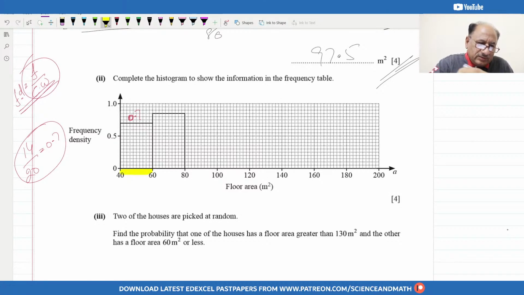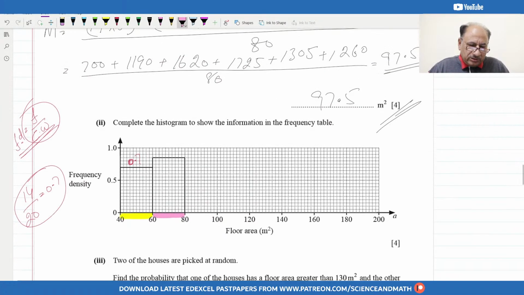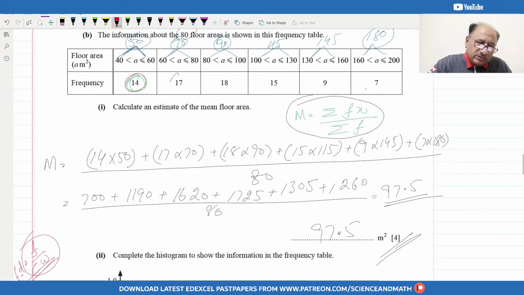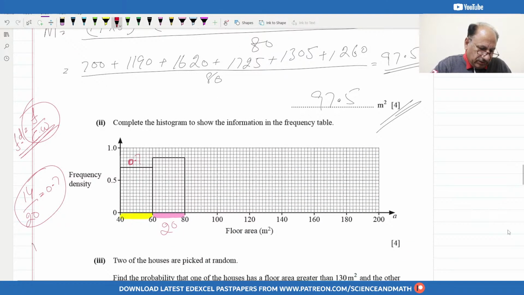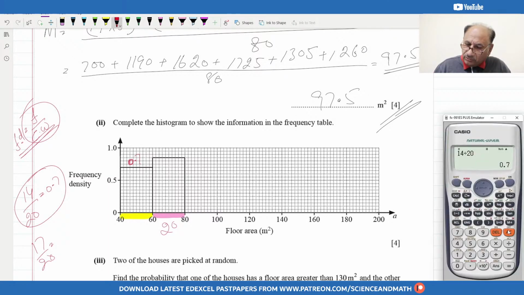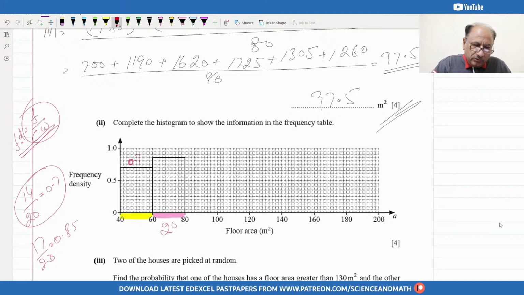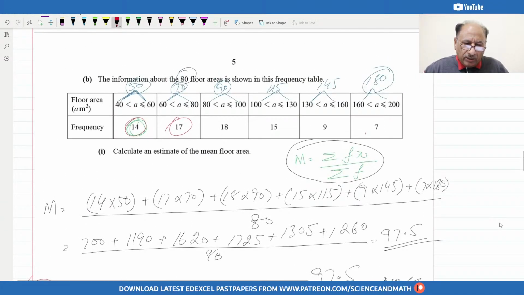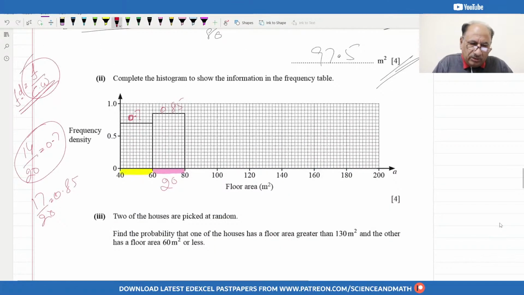Now the next range is 60 to 80, and 60 to 80 is 20 again. So we divide 17 by 20, which will be equal to 0.85. So our height is 0.85 for this bar. Now 80 to 100, the frequency is 18, and the width is 20.